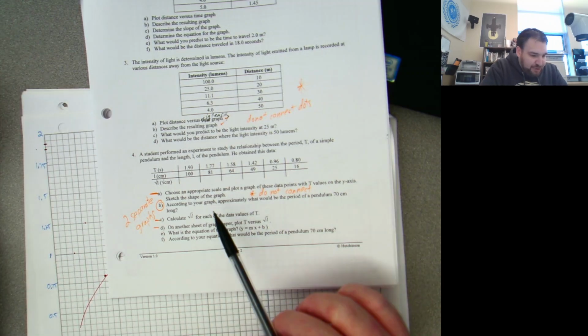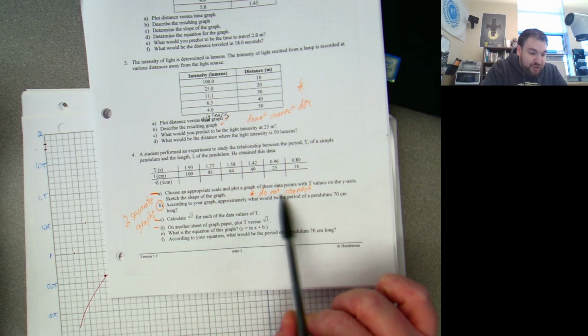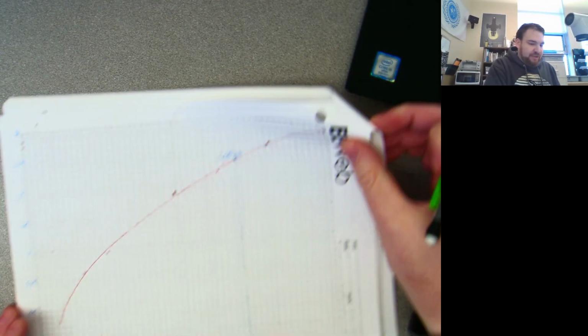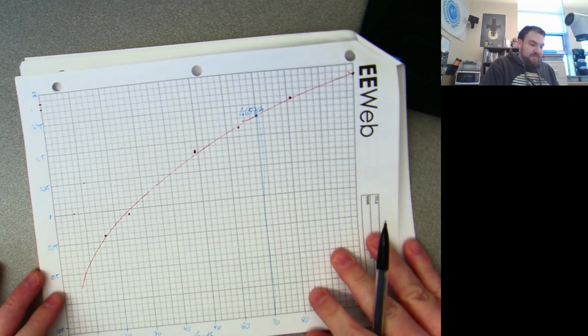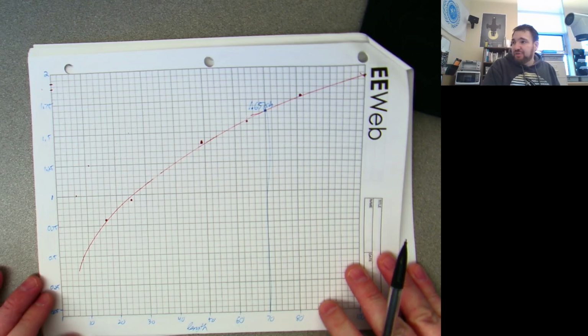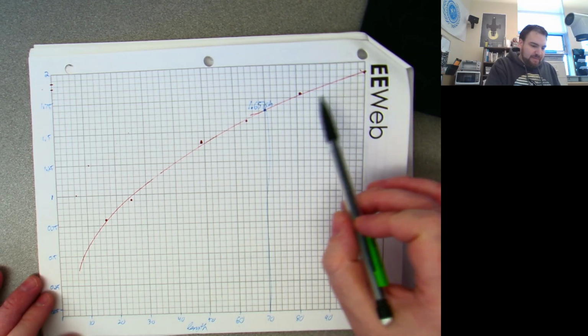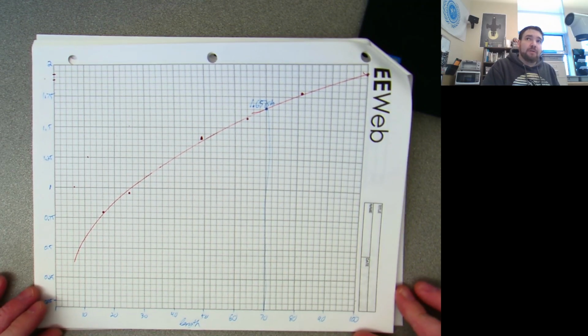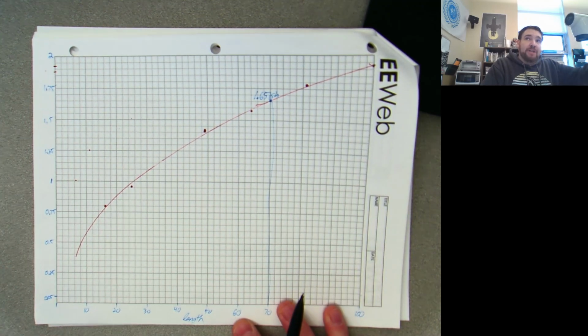You guys needed to choose an appropriate scale and plot the graph. Don't connect. The reason I didn't want you to connect is because you're going to get something that looks like this. Something that could have sort of looked straight line-ish, but is actually way better approximated with a curve. So I'm hoping you have plotted some of those points.